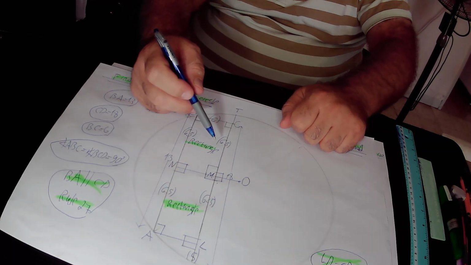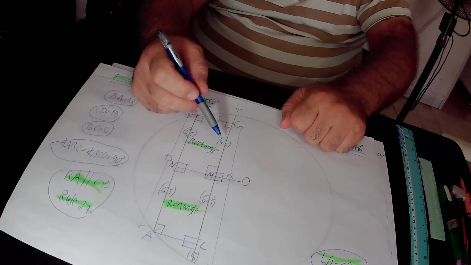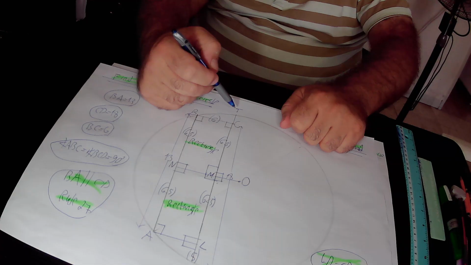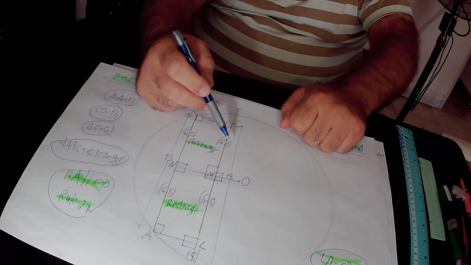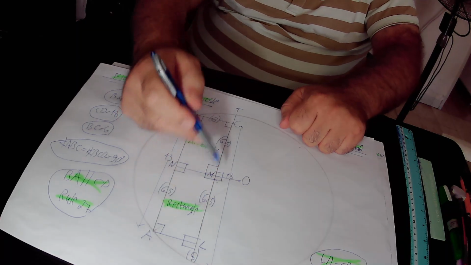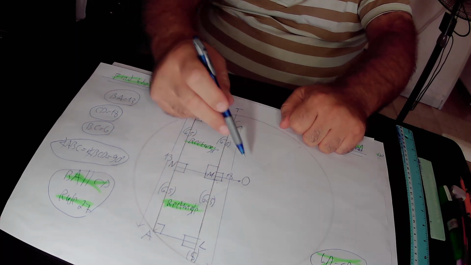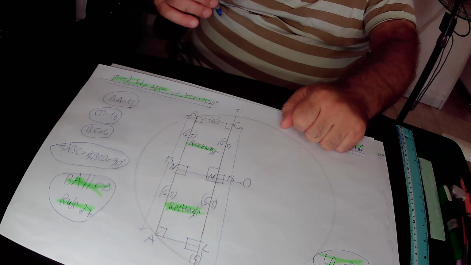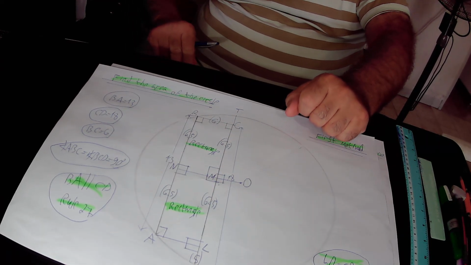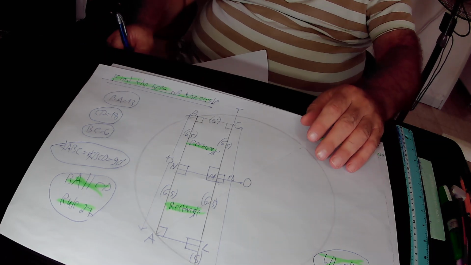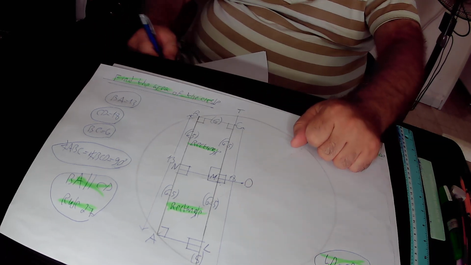And according to rule 19, a perpendicular from the center of the circle towards any chord bisects the chord. So perpendicular OM to chord TD bisects chord TD. If OM bisects chord TD, it means that TM equals MD. So write it down. According to rule 19, TM equals MD.